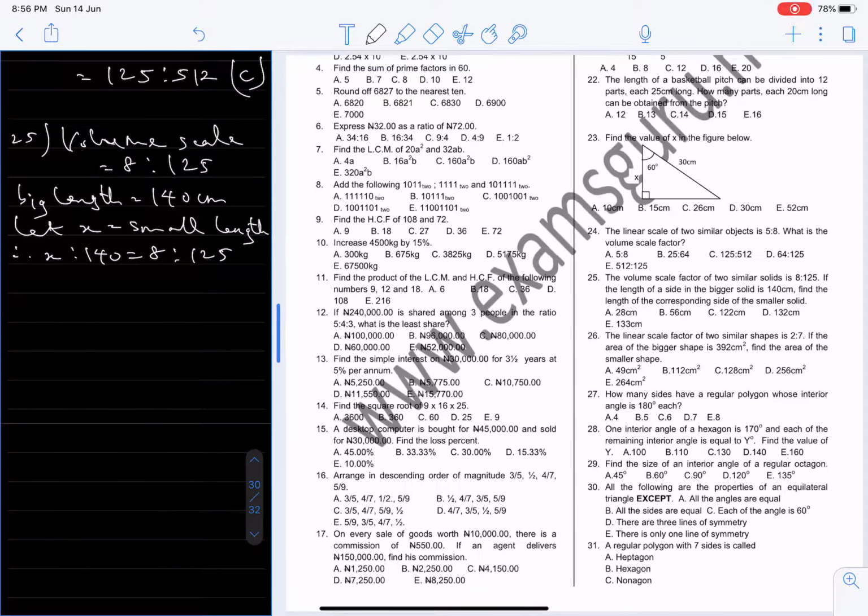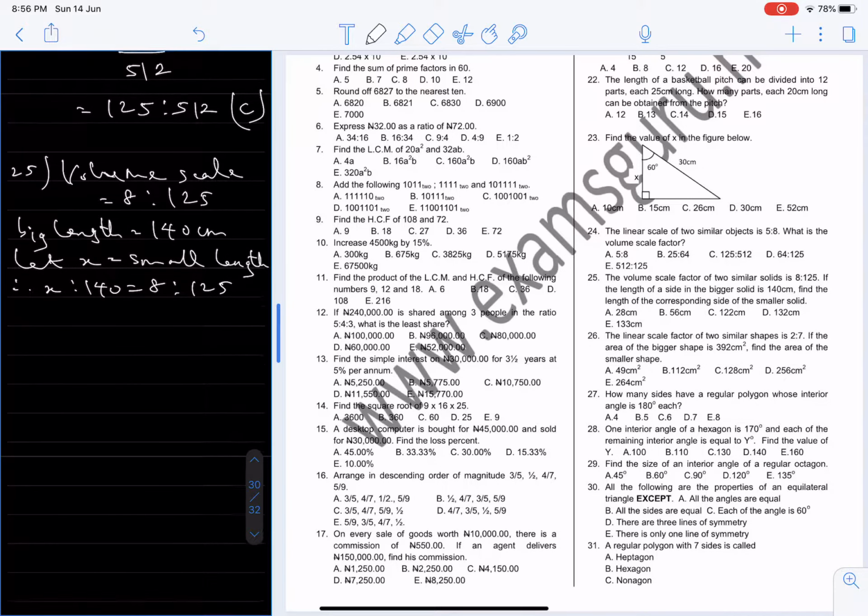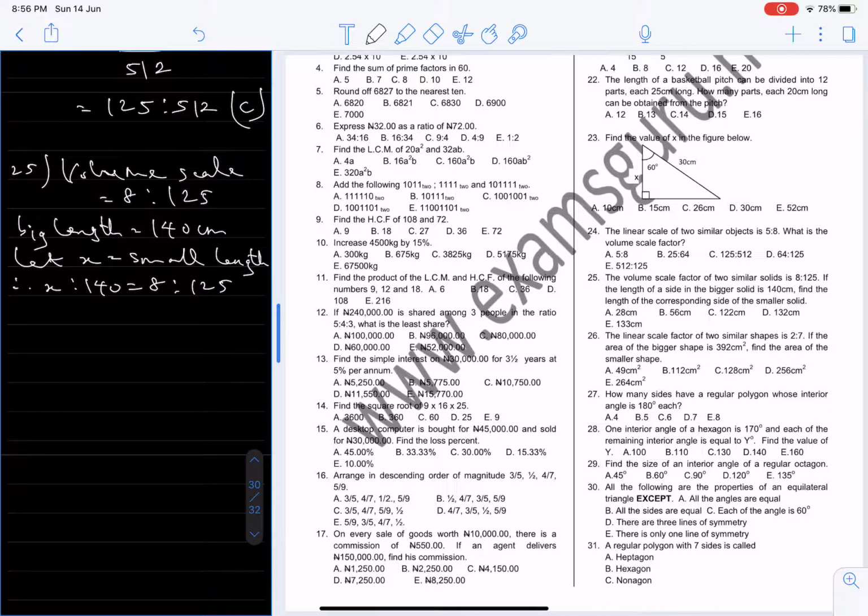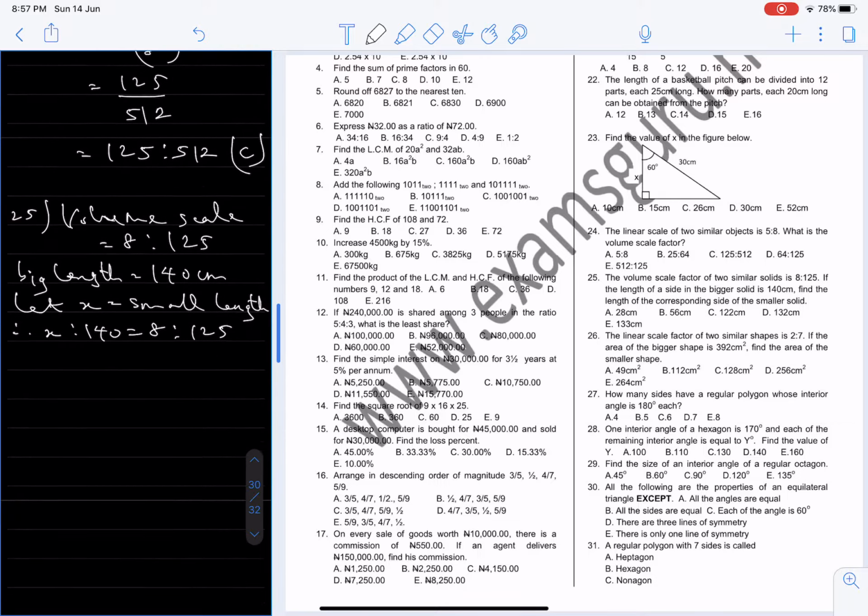Am I doing the right thing? Volume scale. Do we need to raise to power 3? x cubed. What do we do here?